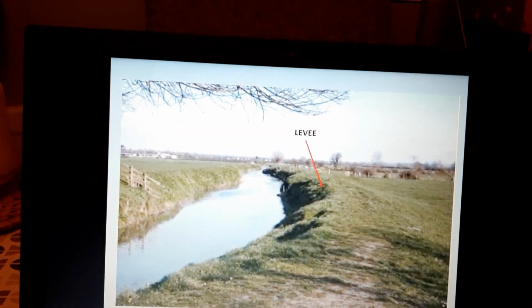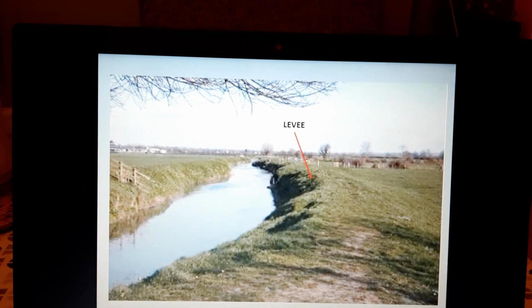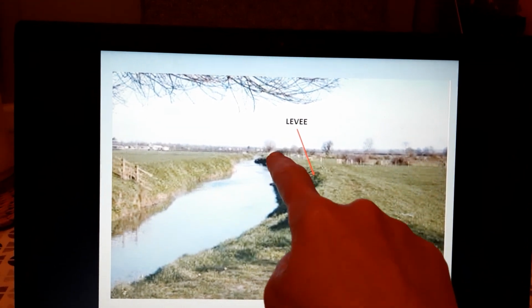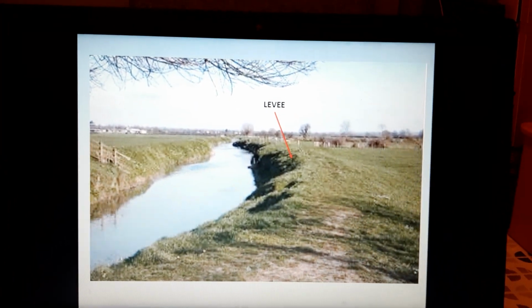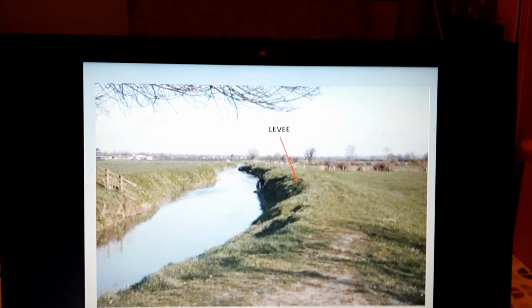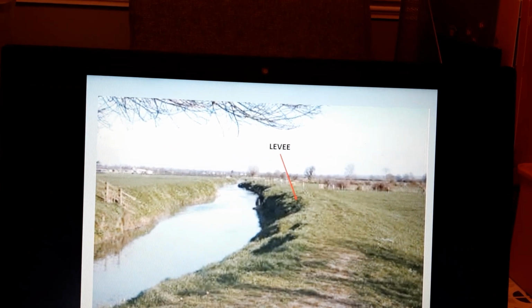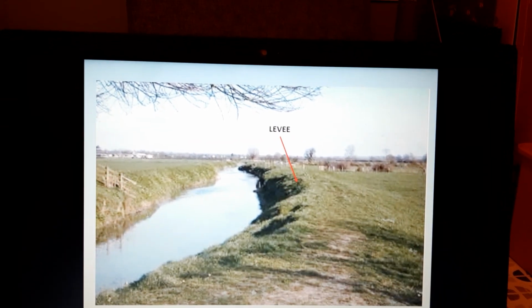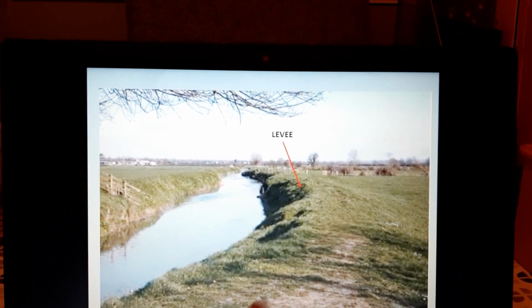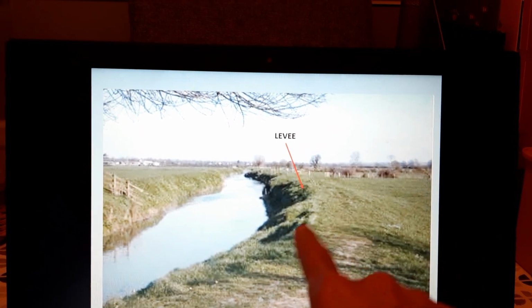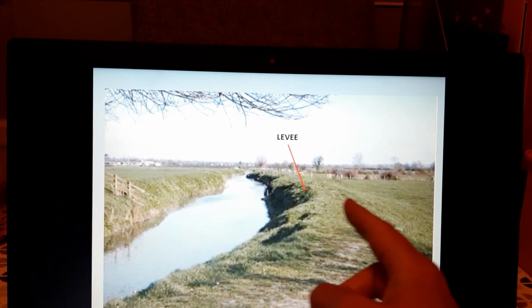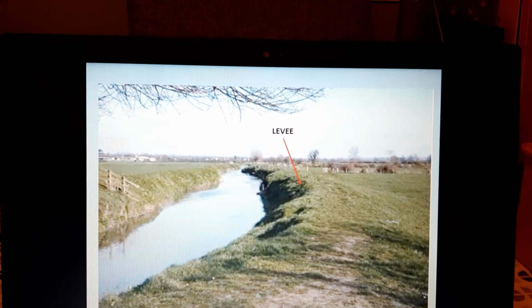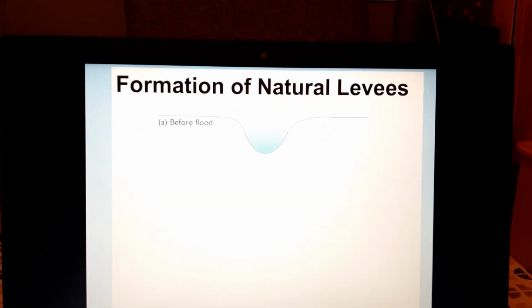Every time it floods, it gets a little bit higher. And that's this feature here that you can see on this river, a levee. This is a natural levee that's just been formed by the river flooding over and over again, with the biggest material deposited here and the smallest particles carried a long way further into the floodplain.